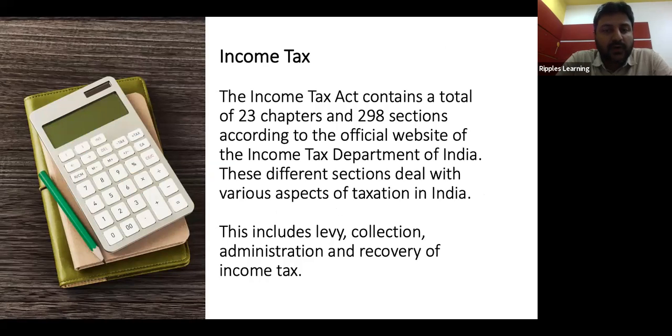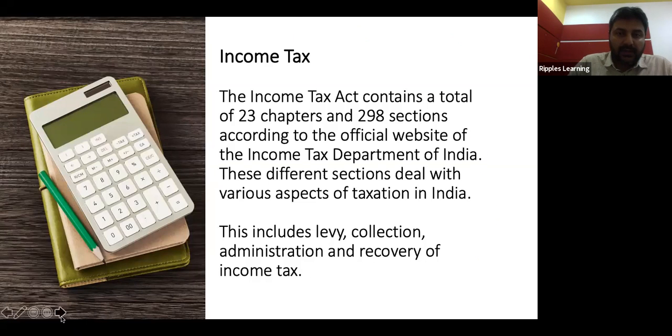What is important for HRs to know is the tax structure, tax slabs, and also the exemptions that can be claimed by individuals for reducing the tax burden or net tax liability. Those aspects are really important. But in general, all this is in the public domain, and this information can be seen in terms of what the 23 chapters and 298 sections explain about the income tax structure in India.